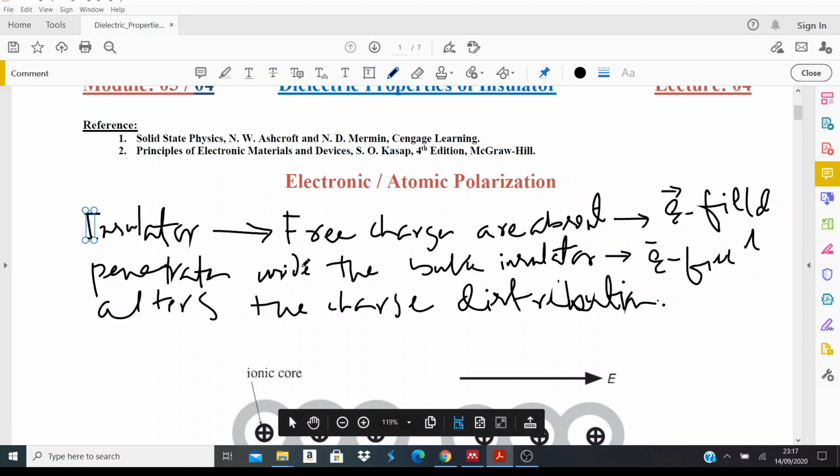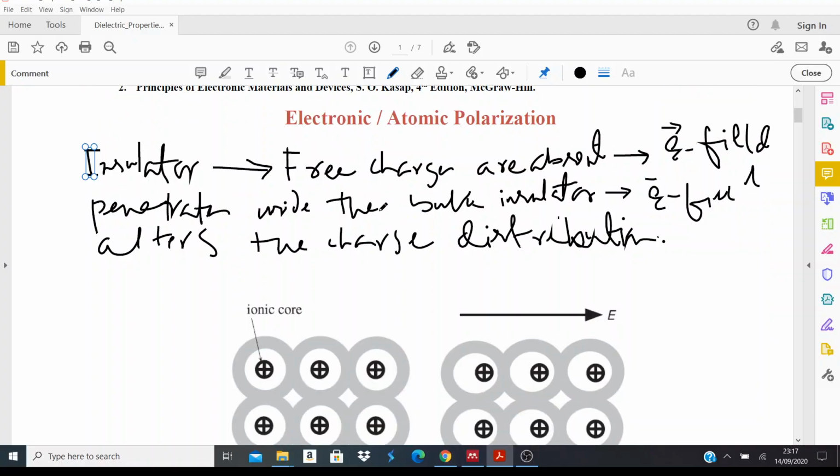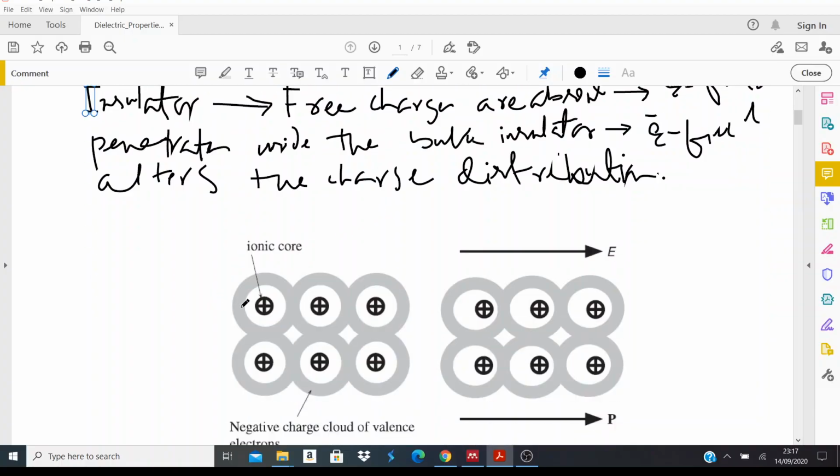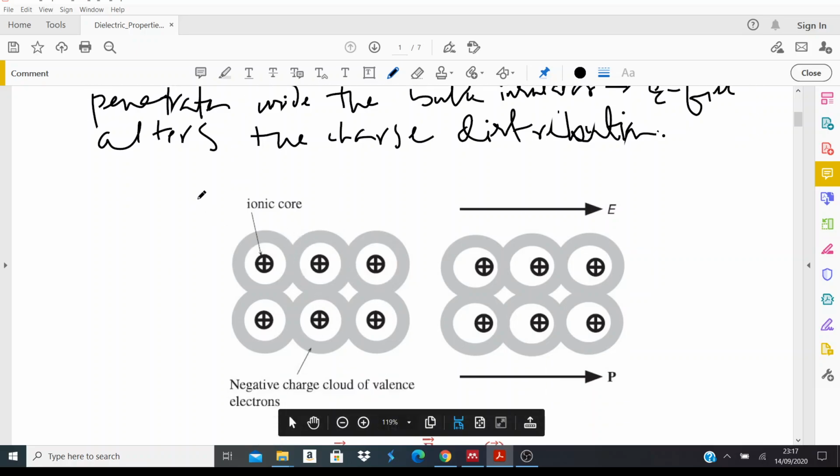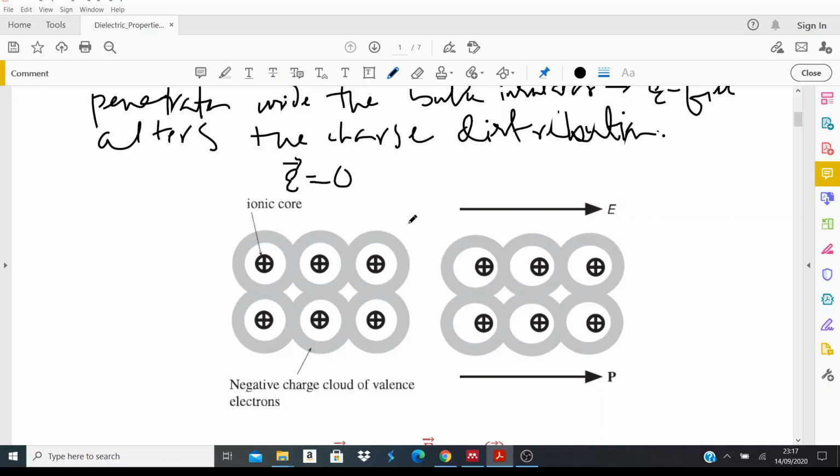But let's discuss the first of the different kinds of polarization we have, mainly the electronic polarization. So let's say we have some piece of solid, and inside the solid we have some atomic arrangement, right? Here these are the atoms inside the solid, and in this picture the external electric field is 0. So we haven't applied any electric field yet.